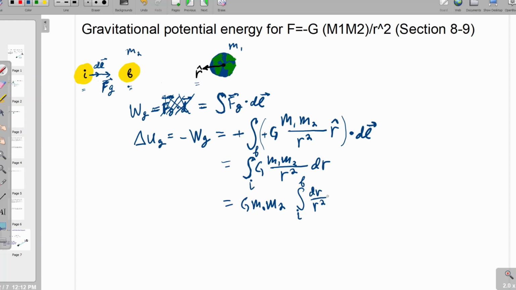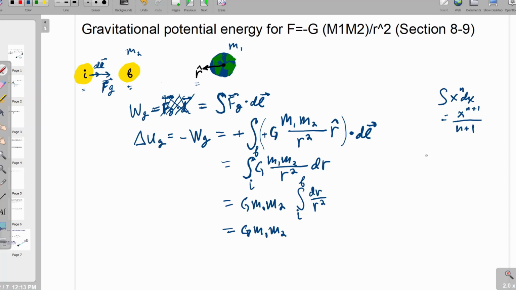So remember this rule, integral x to the n dx is equal to x to the n plus 1 divided by n plus 1. So I can do that. Vg equals G m1 m2 times, well, where n is minus 2 in our case.